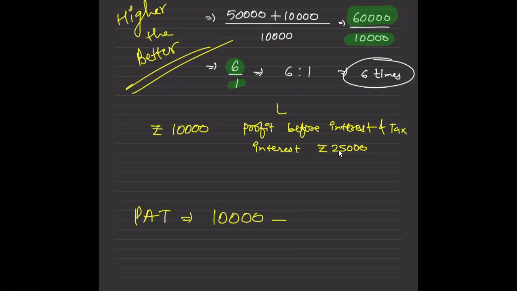It is also called EBIT, that is earnings before interest and tax, or PBIT, that is profit before interest and tax. If this is given to you and you have an interest amount of 25,000, so what is your profit after interest? It is negative 15,000. The company is making loss.